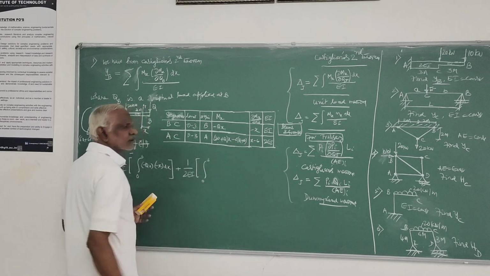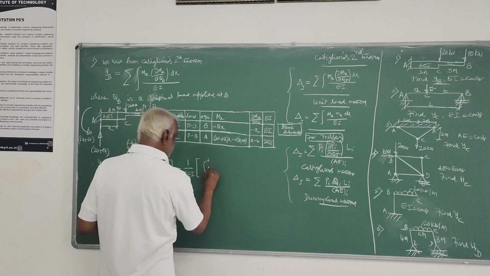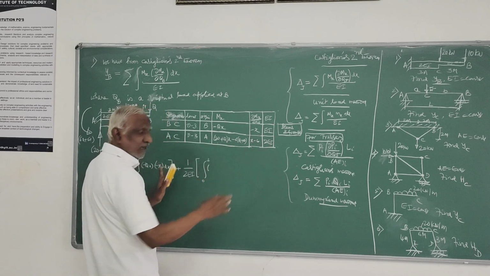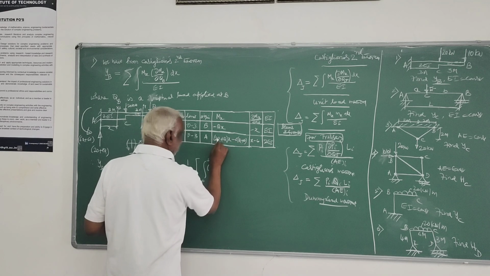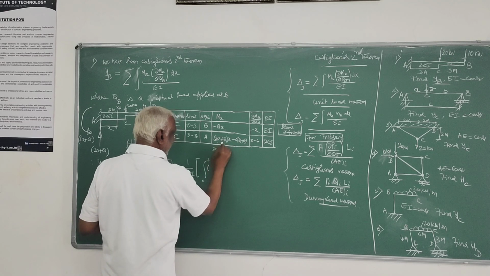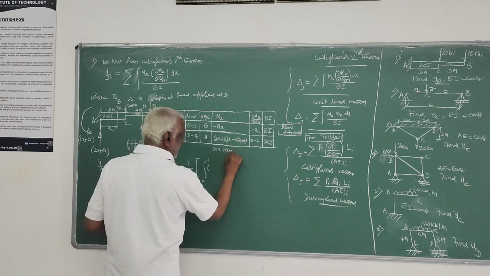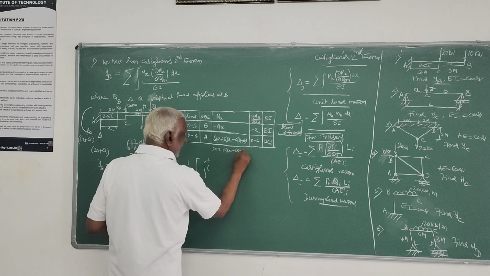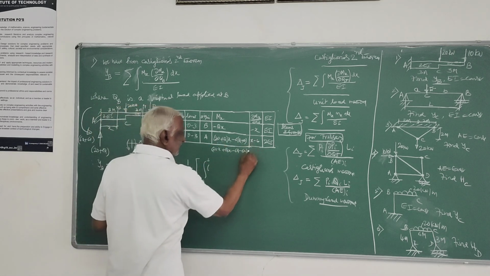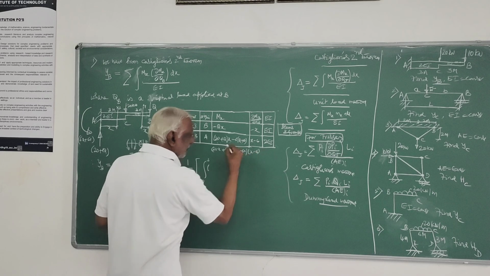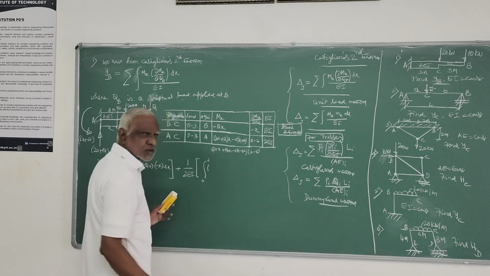This into this, so that is 20 plus q into x. This you have to multiply without any mistake. It is 20x plus qx minus 6q minus 60 if you expand this into x minus 6. So now I have to multiply these two.